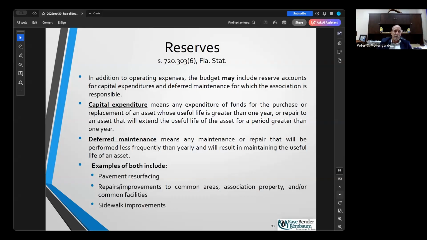So both types of reserve expenditures are things like pavement resurfacing, repairs or improvements to common areas like painting of the clubhouse, replacing the roof of the clubhouse, sidewalk improvements, those type of projects.